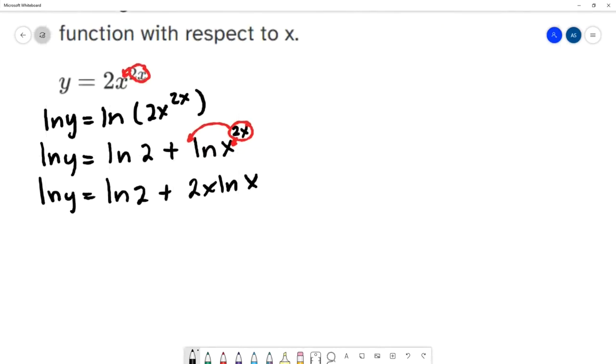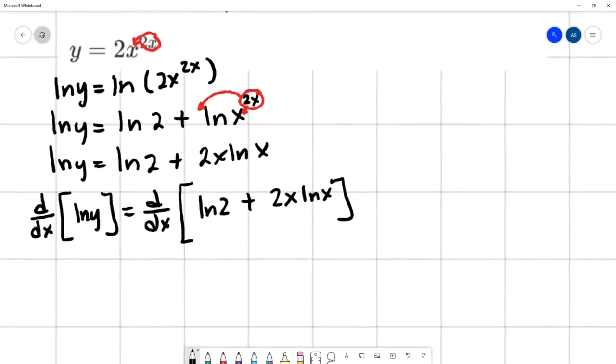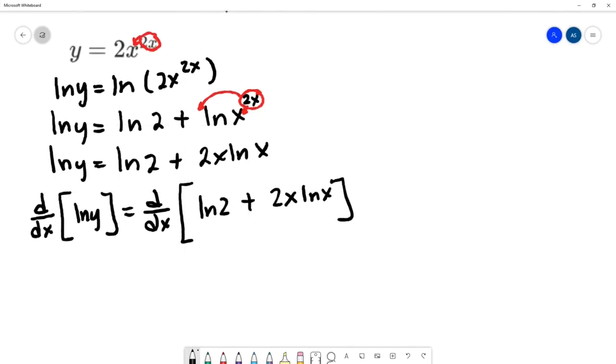Now that we've expanded it, we're going to use implicit differentiation to calculate the derivative. So we calculate the derivative on the left, calculate the derivative on the right, and on the left our variables don't match, so we get y prime over y.